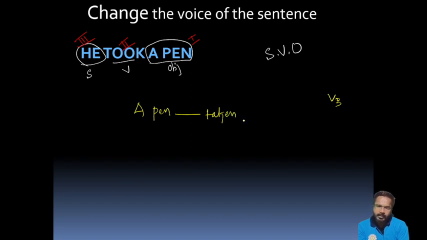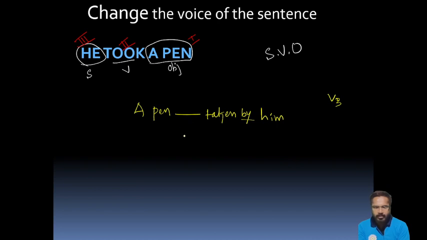A pen taken, and before writing the object in this place, you have to use by, because by whom is the action done? By he, meaning he becomes here him, he becomes him, she becomes her.